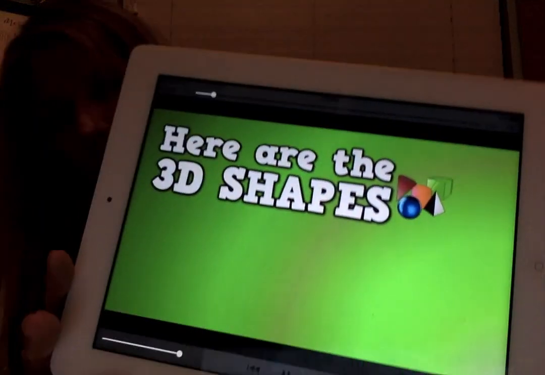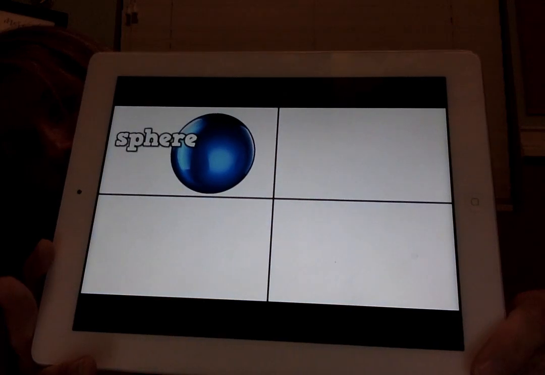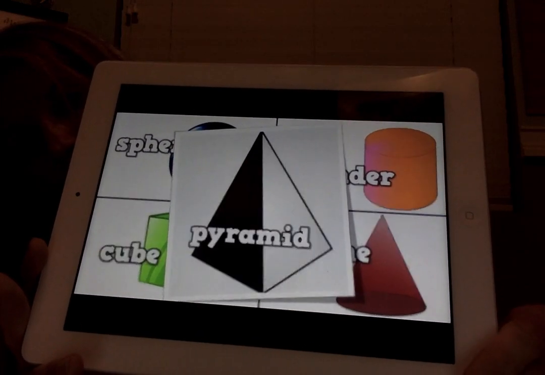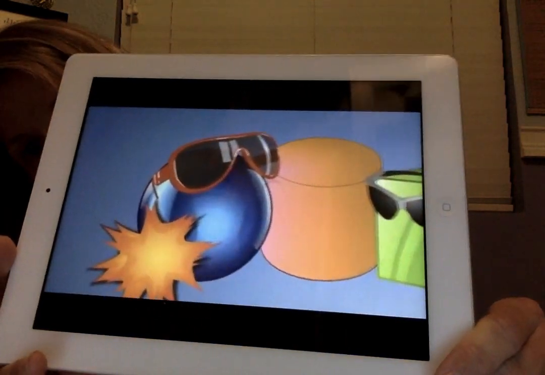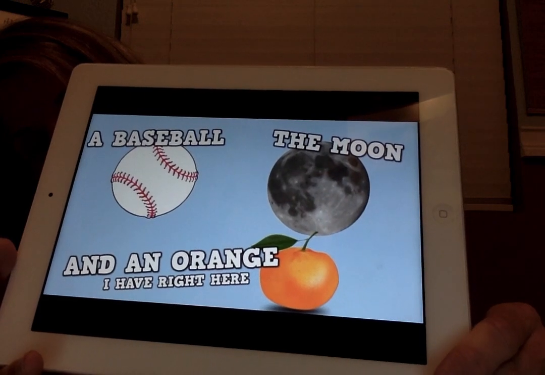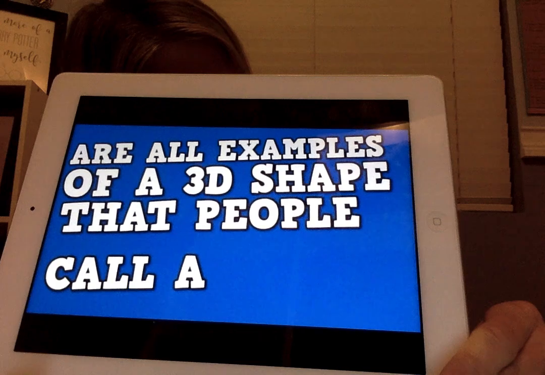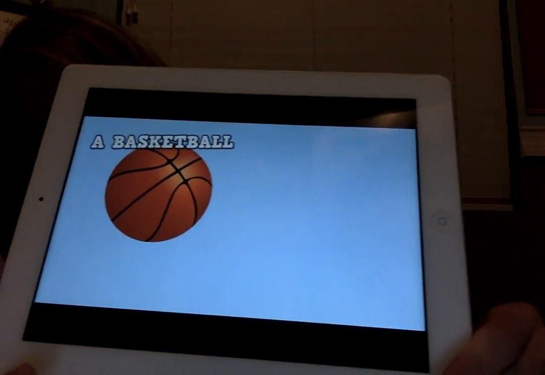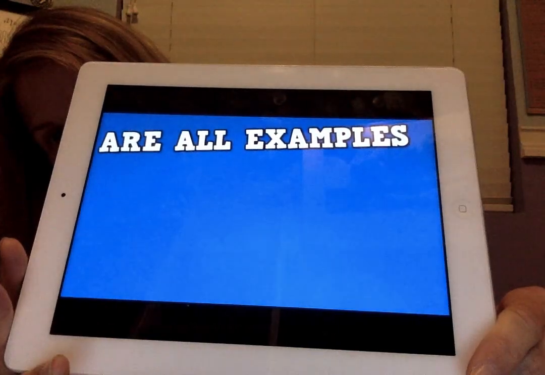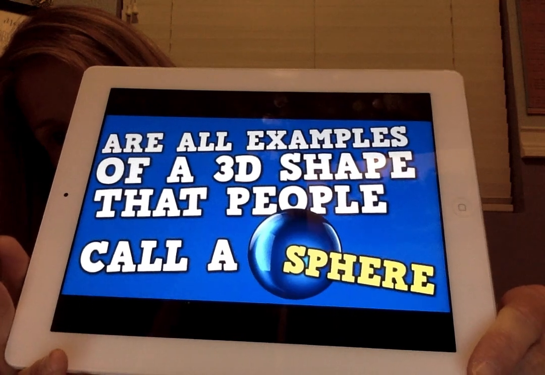Here are the 3D shapes that I know. A sphere, a cylinder, a cube, and a cone. A baseball, the moon, and an orange I have right here are all examples of a 3D shape that people call a sphere. A basketball, the earth, and marbles I have here are all examples of a 3D shape that people call a sphere.